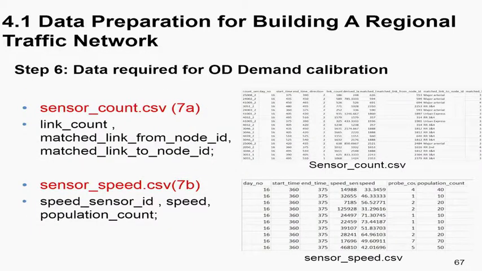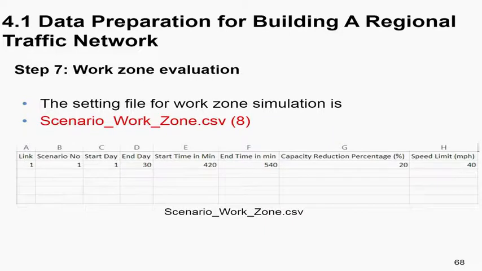To prepare the sensor count and sensor information, we have another session to teach you how to utilize and prepare the corresponding information. We'll defer that to the next few sessions.